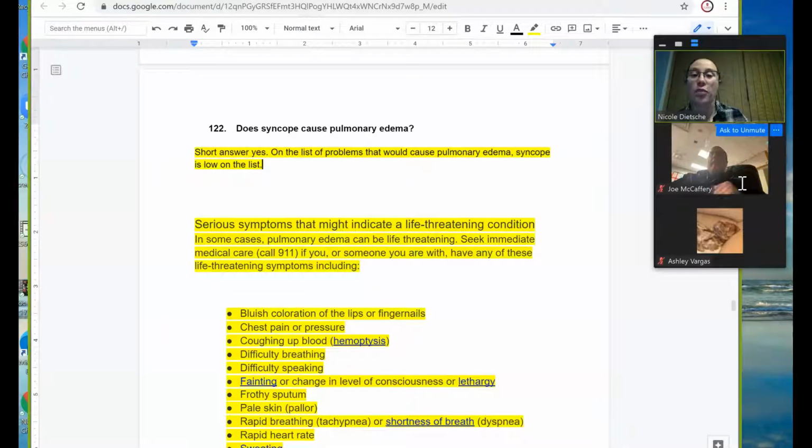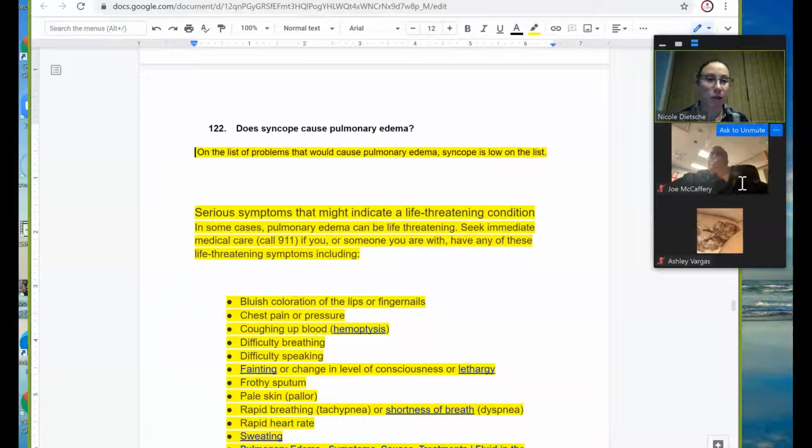If you have a patient who syncopizes, that wouldn't necessarily be your first thought, like they passed out because they have pulmonary edema.